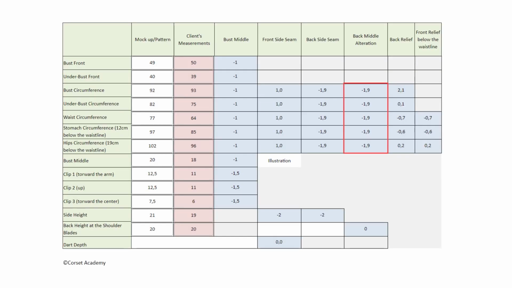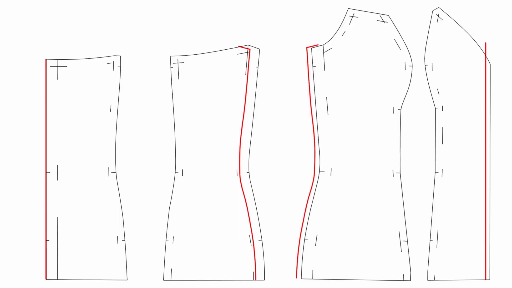Now the column back middle alteration. All the values on the lines of the bust, under bust, waist, stomach, and hips are equal to -1.9. This means the pattern should be reduced by 1.9 centimeters on the back middle line.